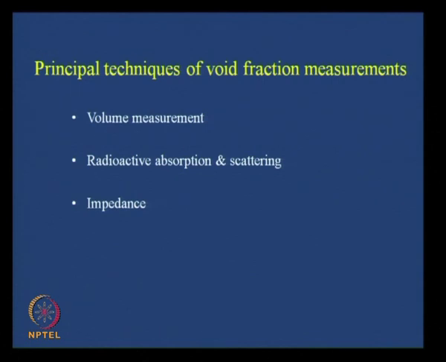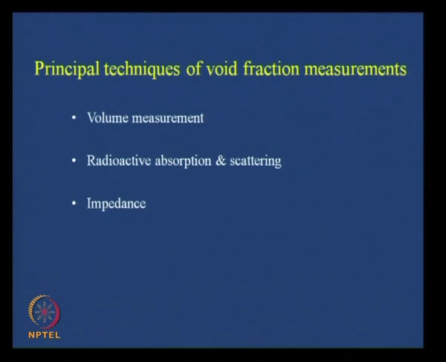The next is radioactive absorption and scattering. We can measure the amount of radiation which is absorbed, or the amount which the dispersed phase scatters. We can combine the two also in order to know the void fraction as well as the void distribution.